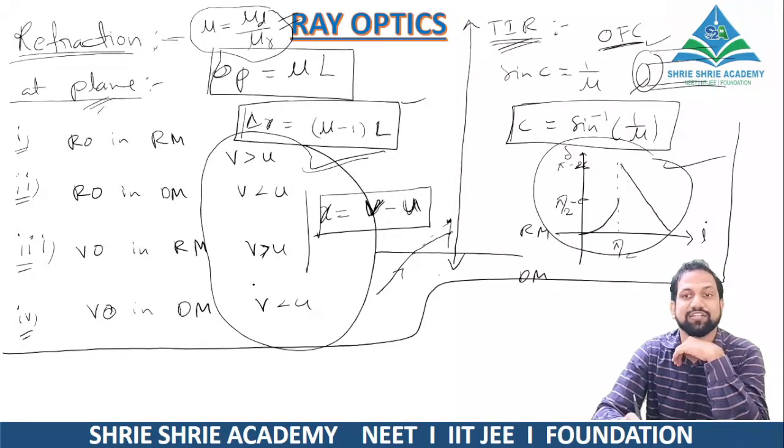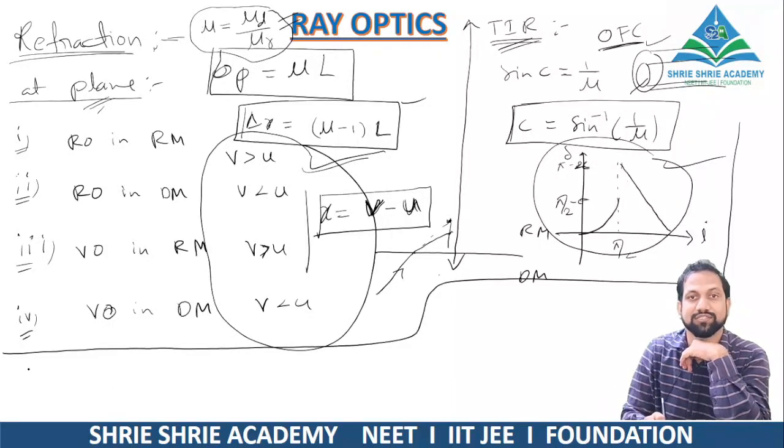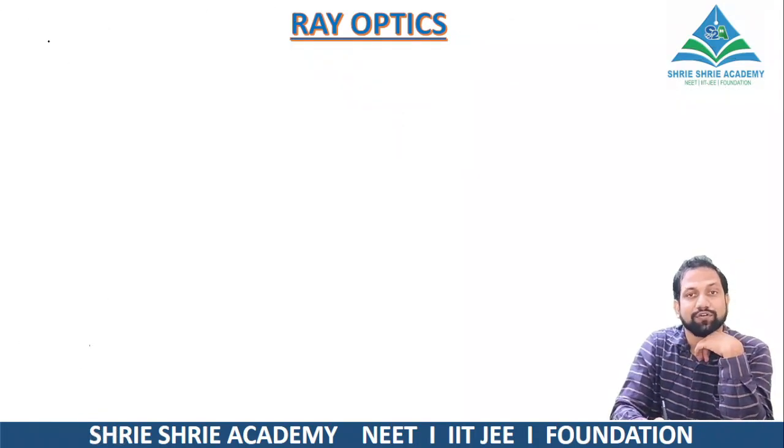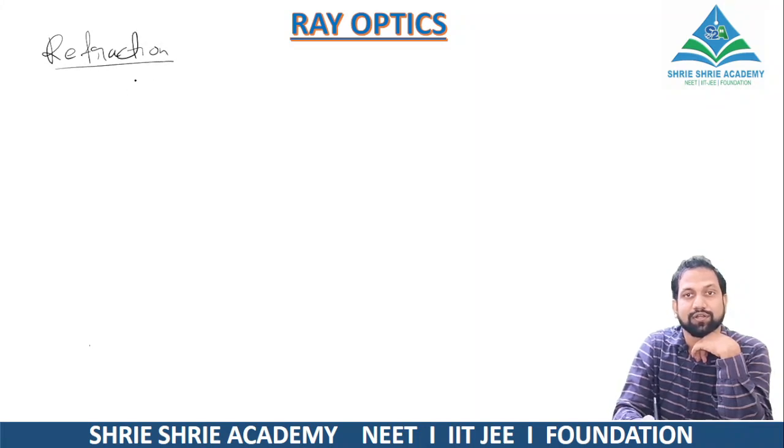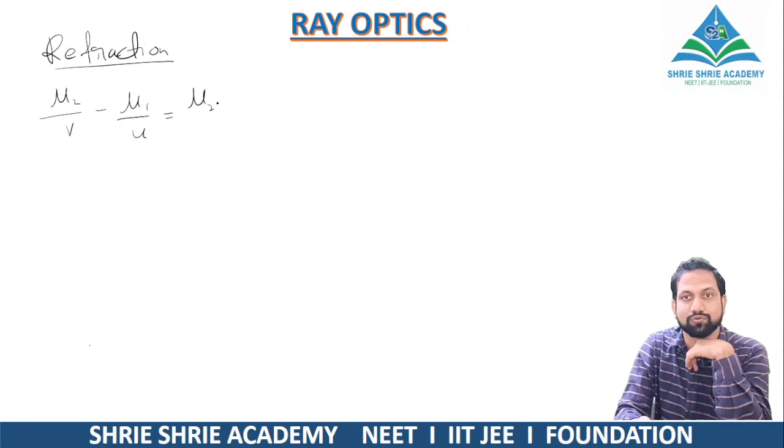Now coming to the next step, the refraction. There will be two cases I told you already, that is plane interface. Wait, I have to give you one important formula, a general formula for any refraction you have to remember. Refraction at any interface: mu2 by v minus mu1 by u equals mu2 minus mu1 by r, right?